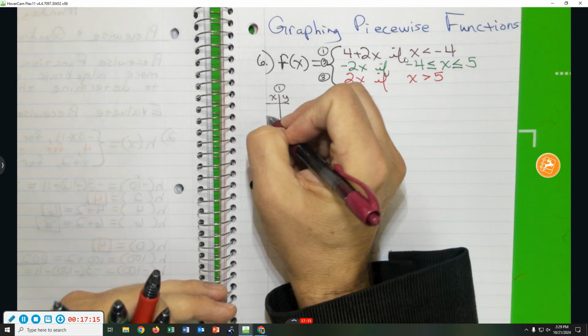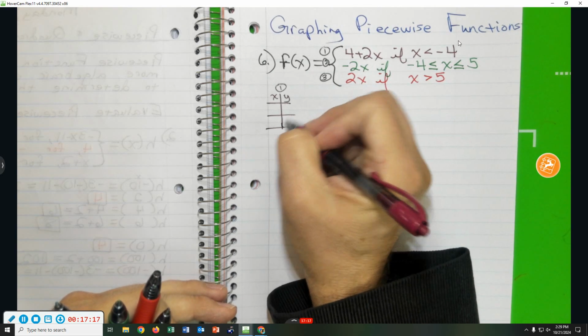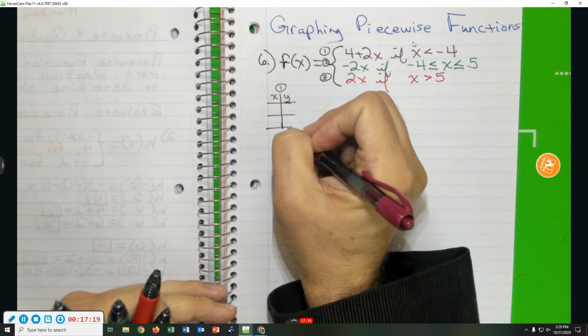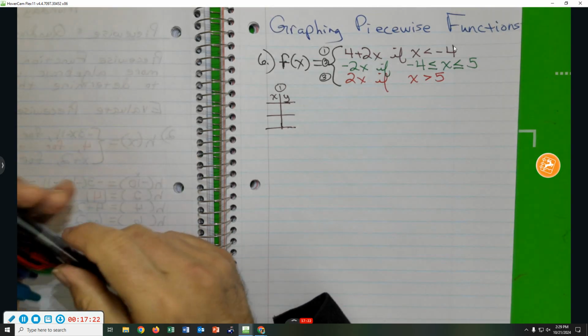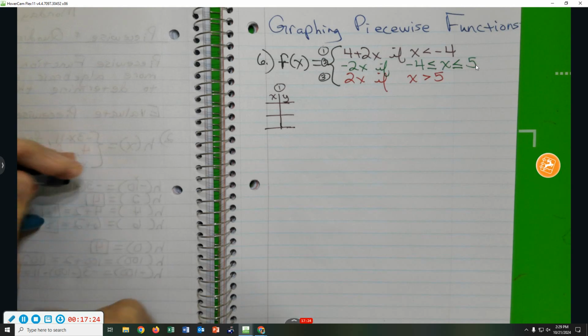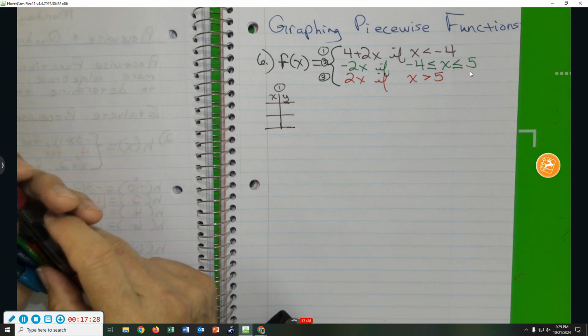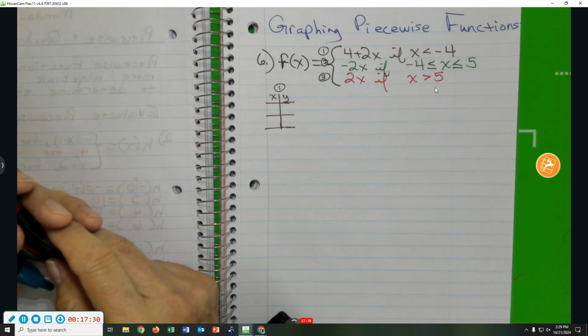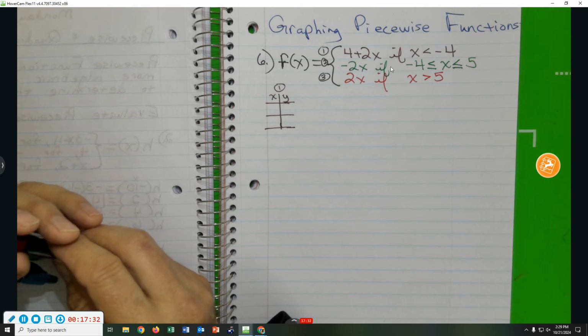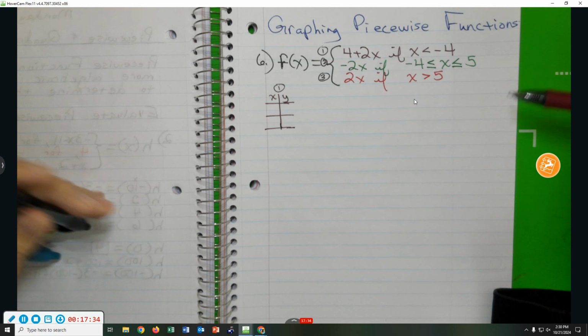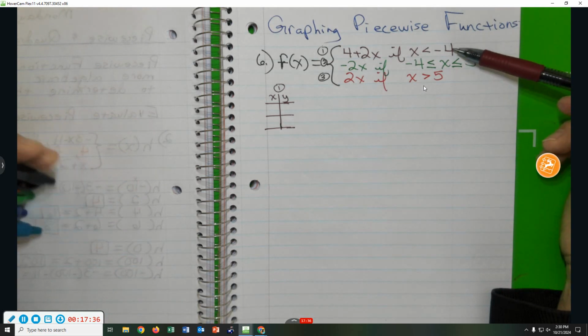These numbers over here on the right, the constraints, if you will, these numbers are -4 and +5. We call those cut points because they're going to be sort of like the cut points with the cut point method. For lack of a better word, I suppose cut points is the best that we can use.